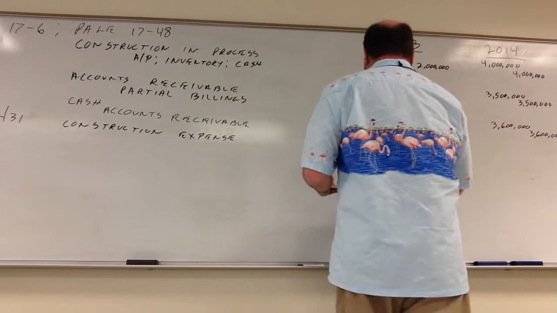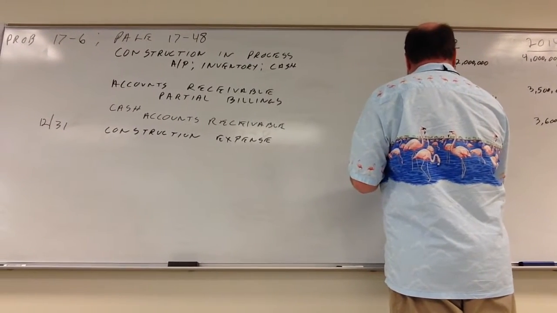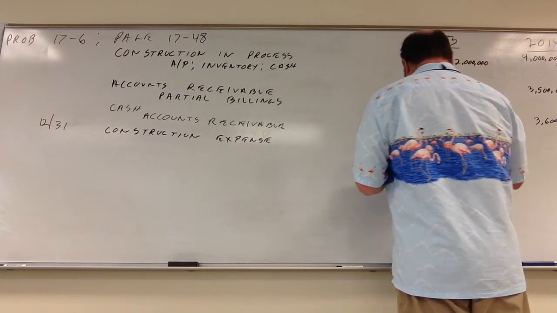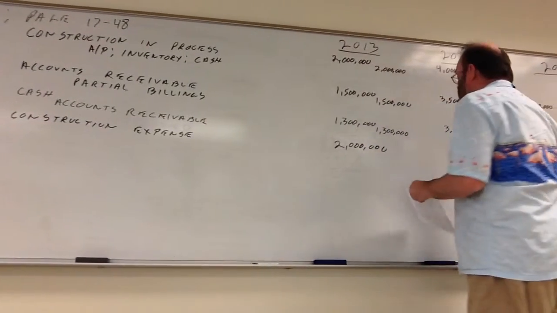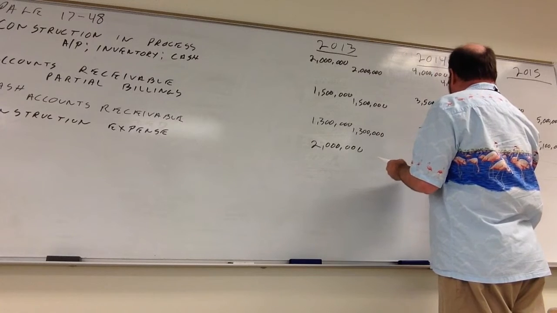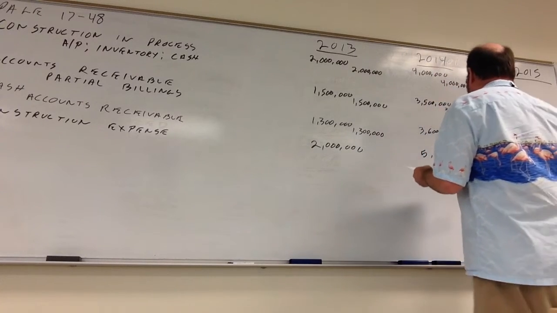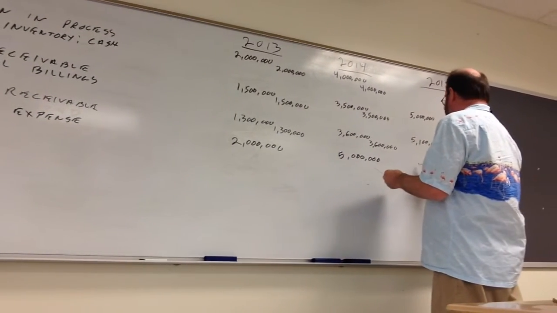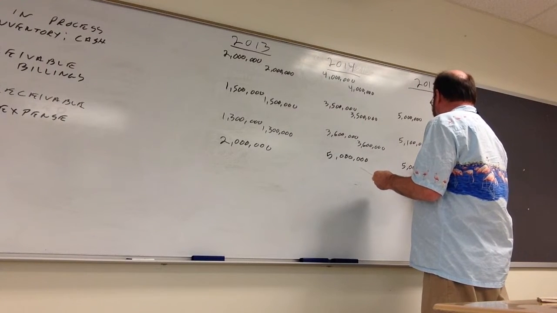And that was the $2,000,000 the first year. But because of our loss, it's not $4,000,000, it's actually $5,000,000 the second year. Leaving us with $5,000,000 the final year.